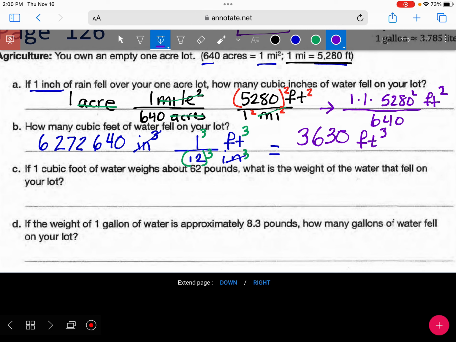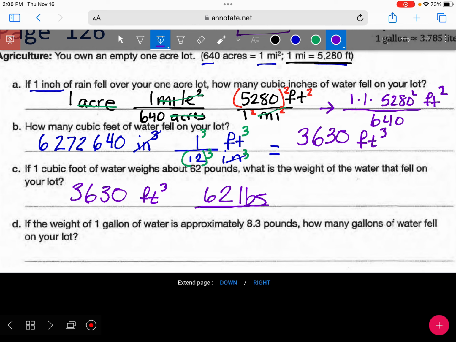What operation are we going to do? Between my 3,630 cubic feet and my 62 pounds, what operation are we doing?